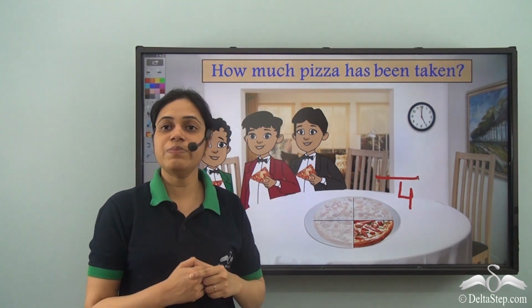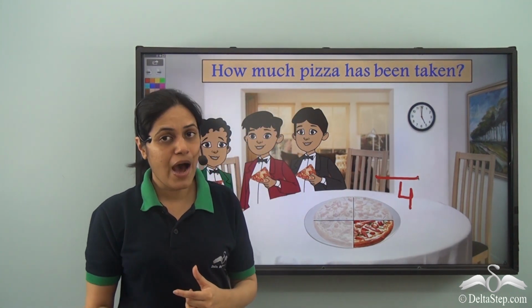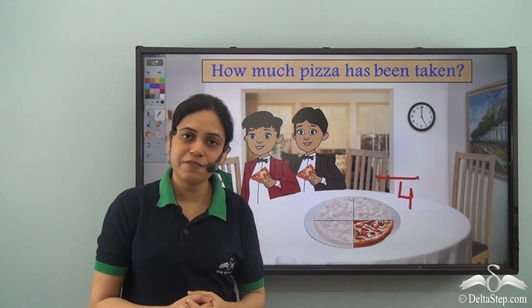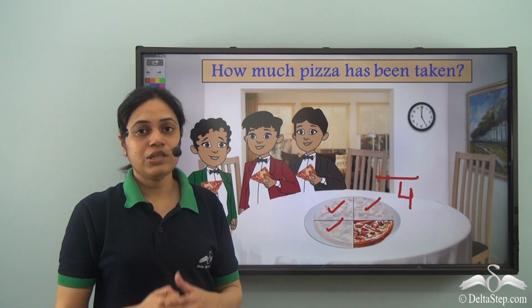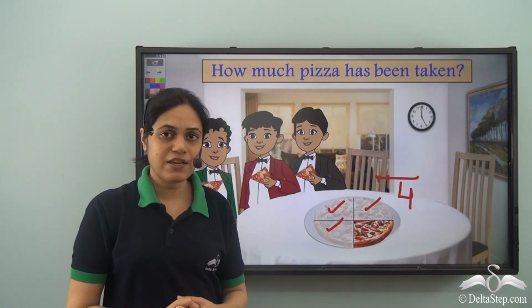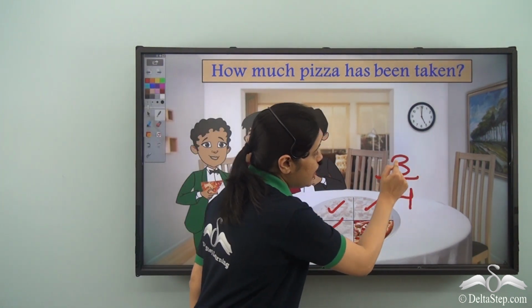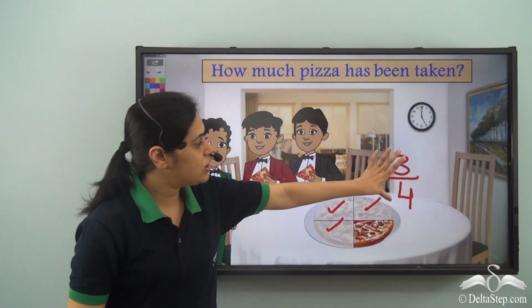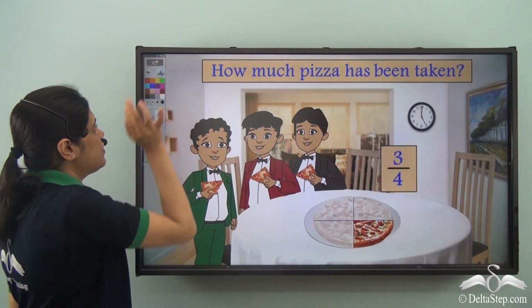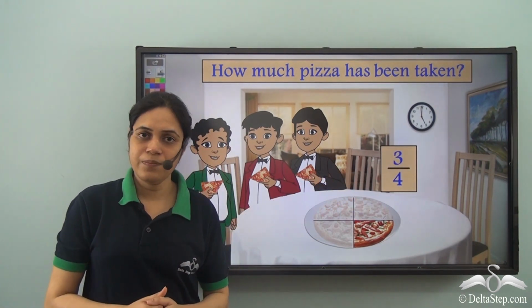How much pizza has been taken? How many parts out of these 4 equal parts have been taken? 1, 2, 3. 3 parts out of the 4 equal parts have been taken. So 3 by 4 of the pizza has been taken.